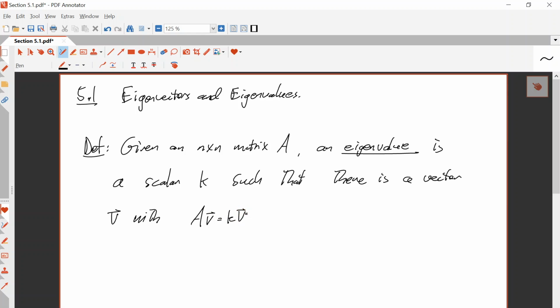So the matrix times the vector just scales the vector somehow. Okay, the vector v is called an eigenvector for eigenvalue k.